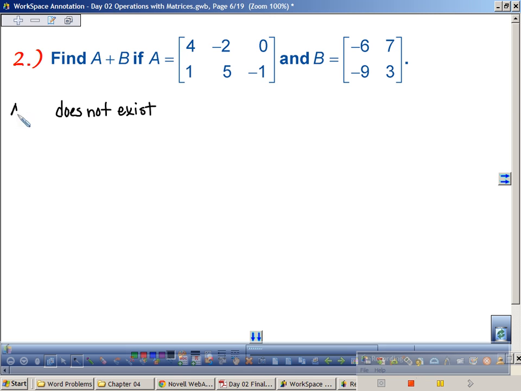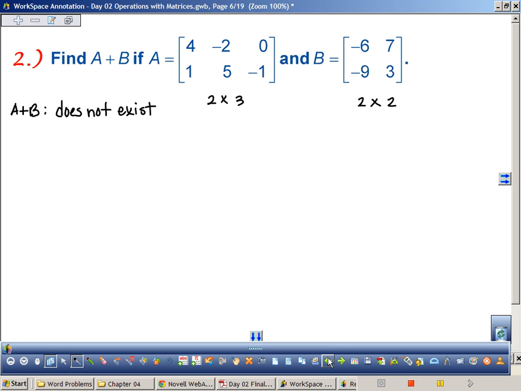A plus B does not exist because A is a 2 by 3, right? And B is a 2 by 2. You can't add a 2 by 3 with a 2 by 2. It doesn't work. Okay. All right, moving on.